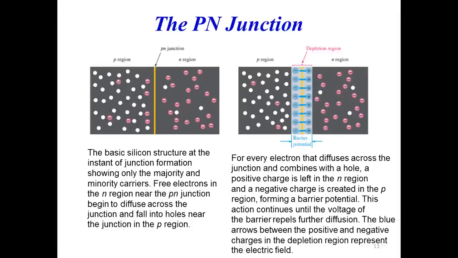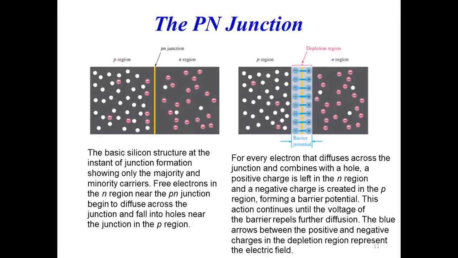If you see these regions carefully, then not only holes, but a few electrons are also present. Those electrons are known as minority carrier electrons here. Similarly, in the N region, a few holes are also present.